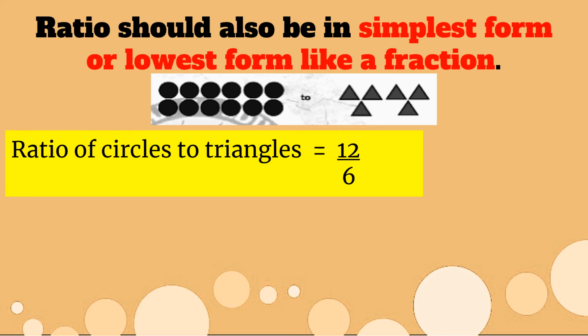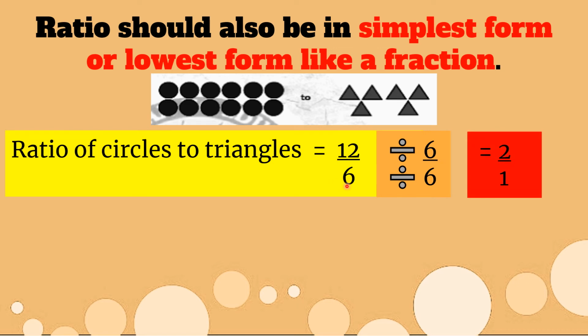So 12 and 6, the GCF is 6. Pareho po dapat na 6 yung ating i-divide. So we have 12 divided by 6, that is equal to 2, and 6 divided by 6, that is equal to 1.